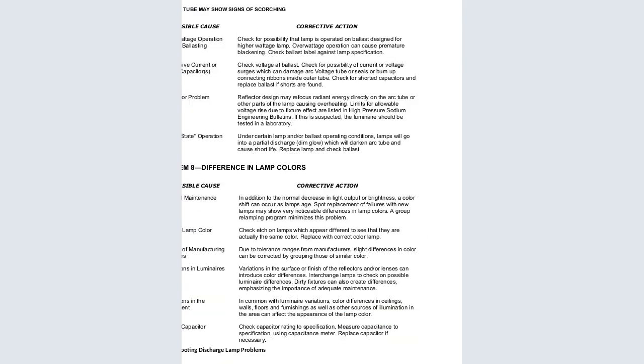That is, in addition to the normal decrease in the light output or brightness, color shift can occur as lamps age. Replacement of the failures with new lamps may show a very noticeable difference in the colors.